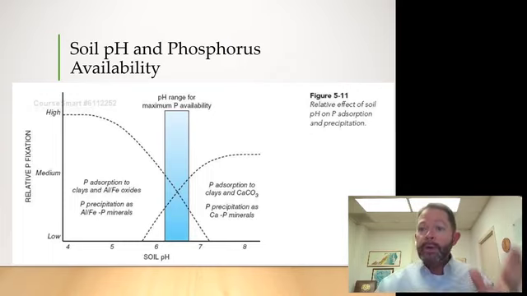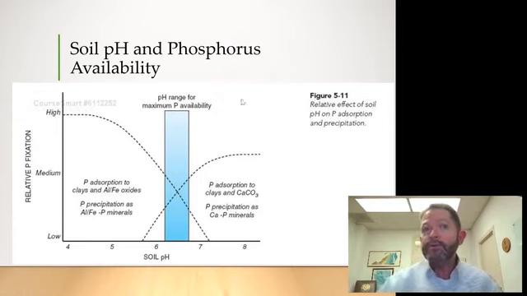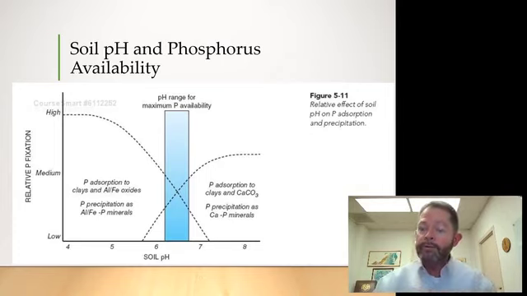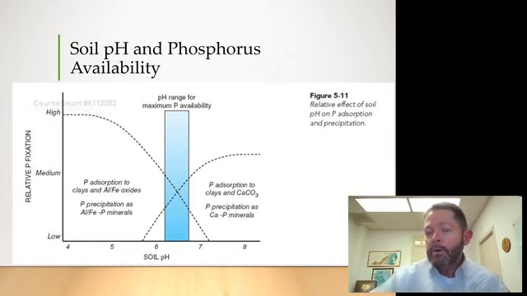And so a pH that is between 6 and 7 is usually ideal for phosphorus availability. At pHs below that, phosphorus becomes less available. At pHs above that, phosphorus becomes less available. So again, another good reason for managing pH through lime or other applications.